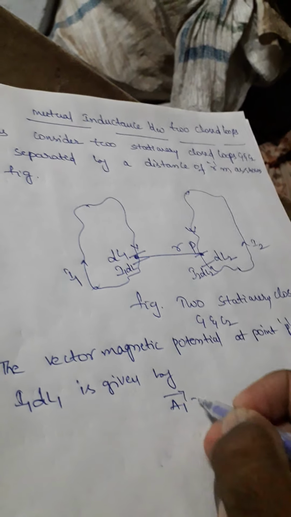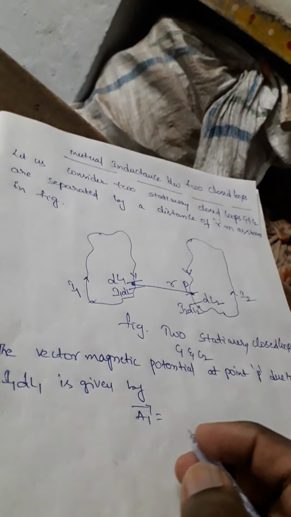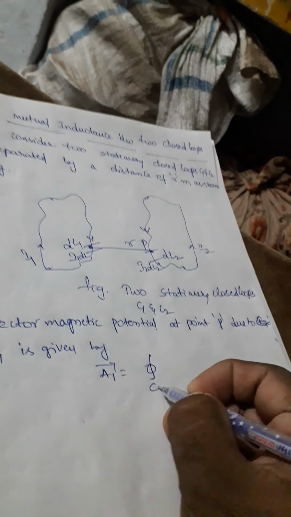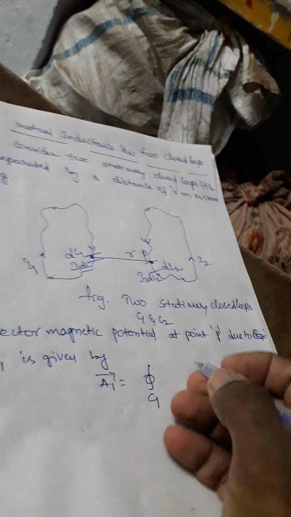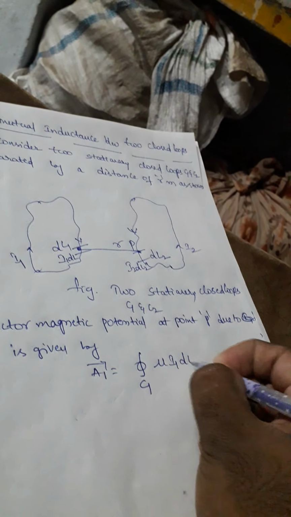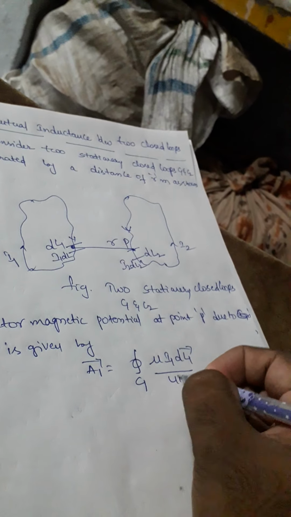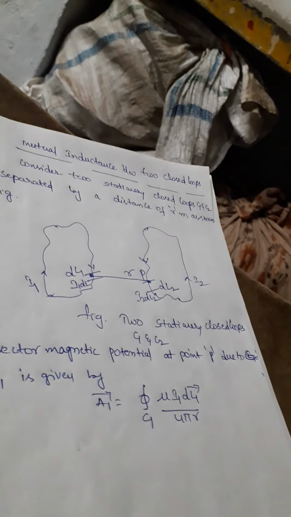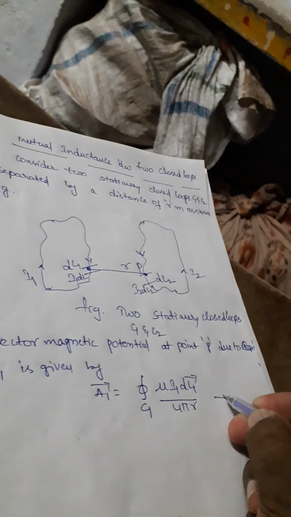A1 bar is equal to, we have the formula in our notebooks, closed contour integral over C1 of mu I1 dl1 bar by 4 pi r, where dl1 bar is there, so there is no need to mention the unit vector ar bar, which is equation number 1.